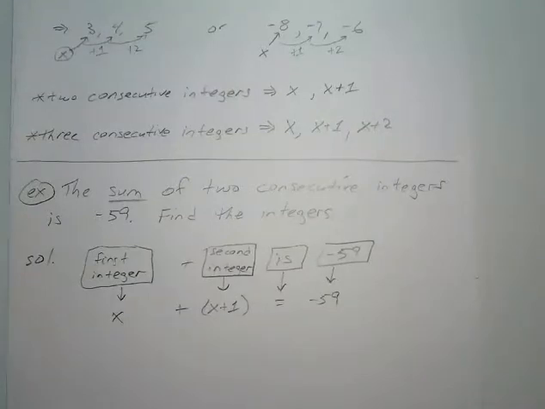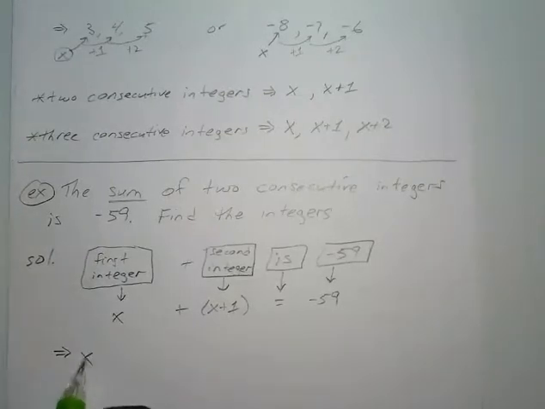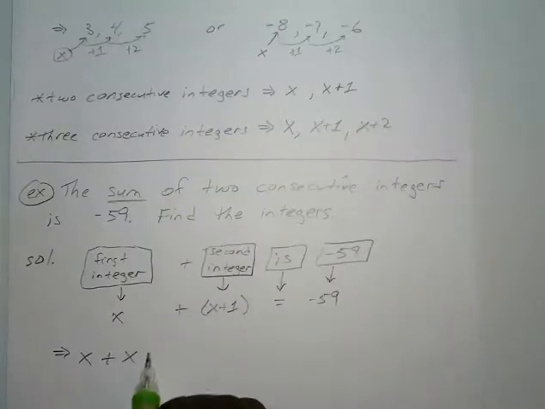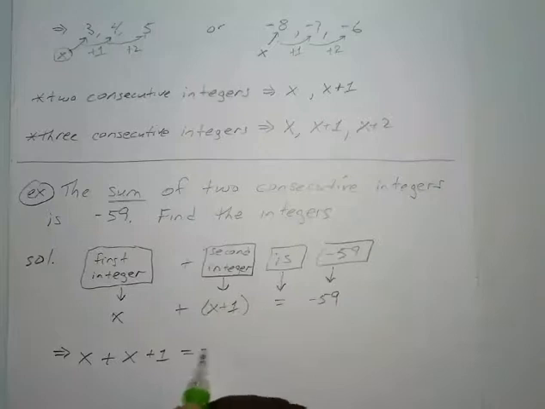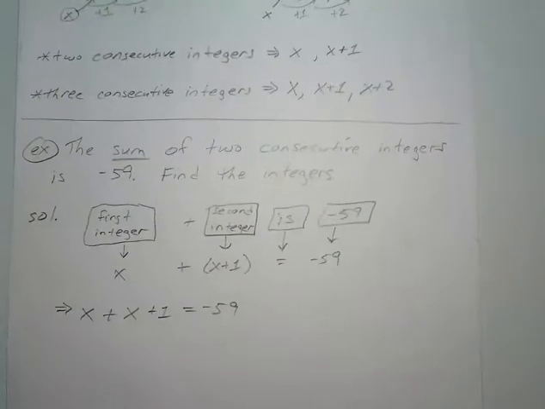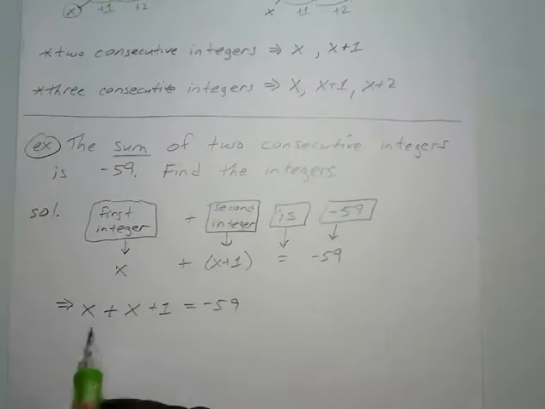Now we're going to rewrite that as x plus x plus 1 equals negative 59. Since it's plus and you have the parentheses, you can go ahead and drop the parentheses. Okay, so we have our equation. Now we go ahead and solve.